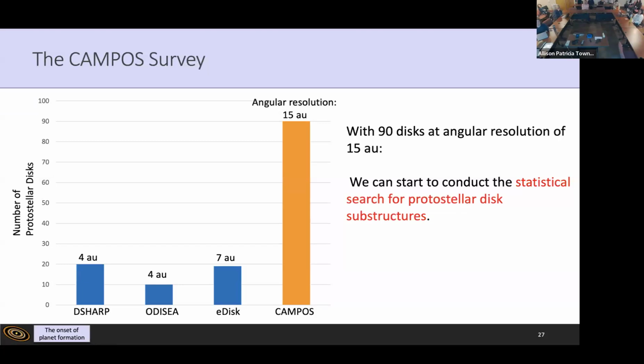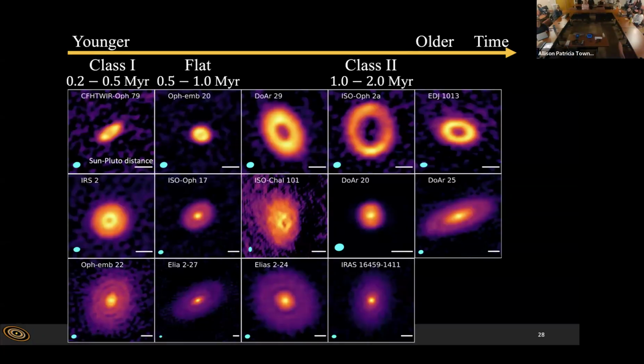Another important thing to point out is that the 90 sources in our survey are a uniform sample. With this uniform sample, we can start to conduct a statistical search for protostellar disk substructures in the youngest, class 0/1 phase. Here are some of the disks with substructures found in our CAMPOS survey.